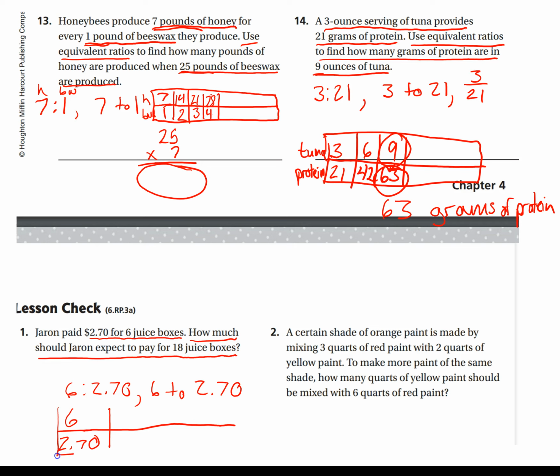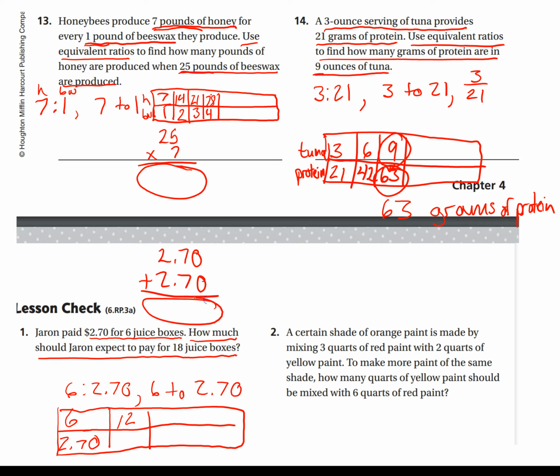Okay. 6, then 12 would be next, counting by 6, and if I got 6 more, that would be another $2.70. You're probably going to want to use scratch paper to do $2.70 plus $2.70. And then this answer is going to go here.